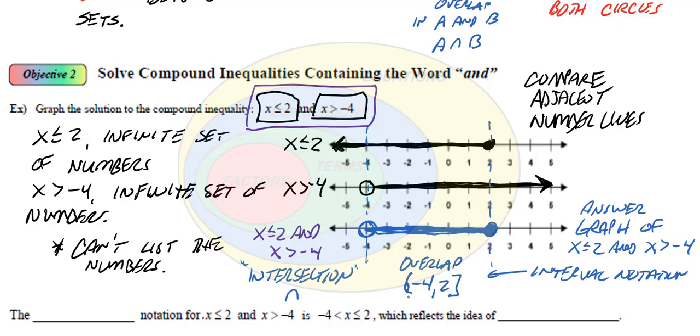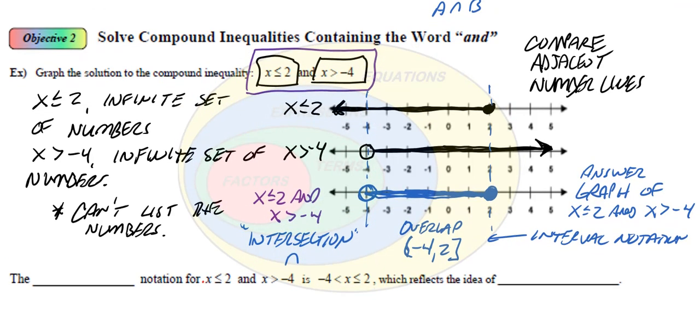All right, so these answers are pretty typical of when we have an and, or we're looking for an intersection between sets. The shorthand notation, as we call it, is a way for us to represent this intersection.